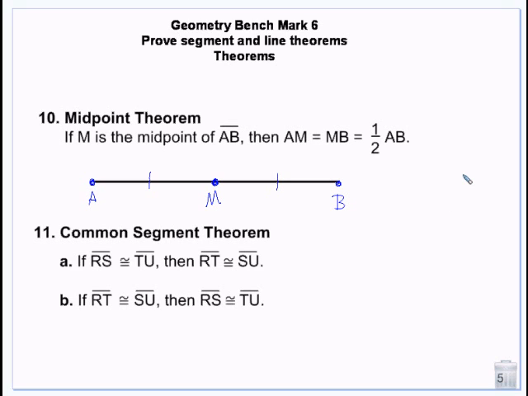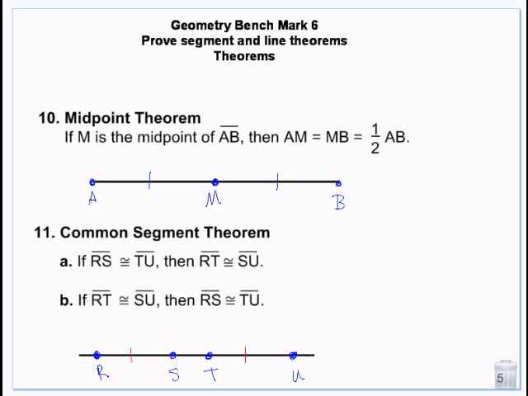Okay, common segment theorem. Okay, so again, I'm going to have a segment drawn. And I've got R and U. And then in the middle here, I'm going to have S and T. Okay, if RS and TU are the same length, so I'm going to mark those red.